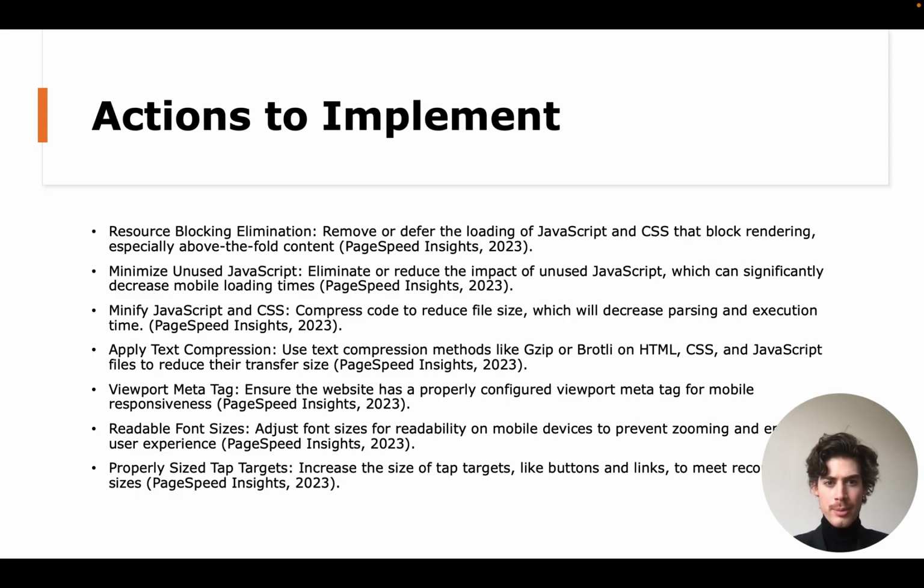Additional actions to implement are render-blocking resource elimination, minimizing unused JavaScript, minifying JavaScript and CSS, applying text compression, a viewport meta tag, readable font sizes, and properly sized tap targets.